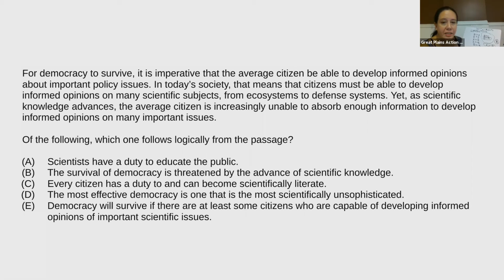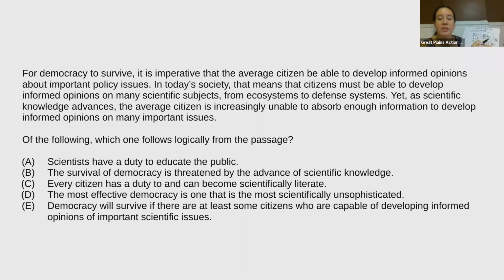Every citizen has a duty to and can become scientifically literate. Not within the scope of the argument. The most effective democracy is the one that is most scientifically unsophisticated. There we've got the mention of scientific knowledge, but the prompt itself doesn't mention anything about the effectiveness of democracy.